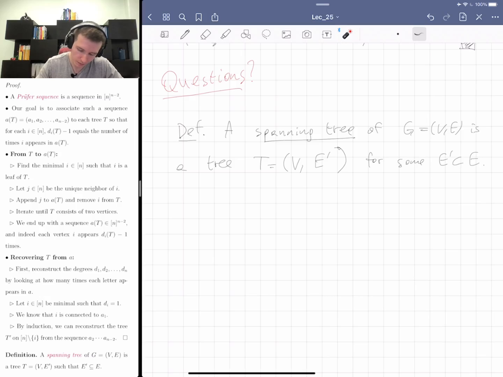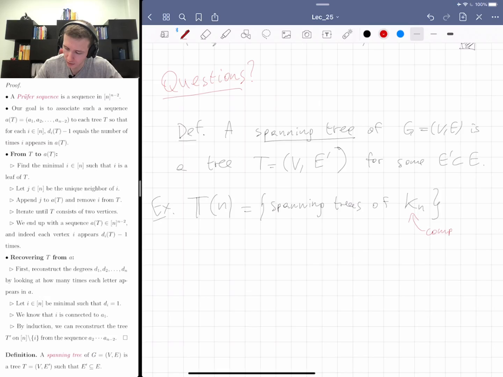So in particular, the set T of n is the set of spanning trees of Kn, where Kn is the complete graph on n vertices.